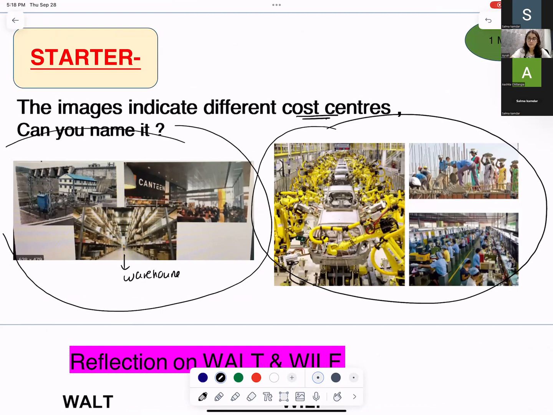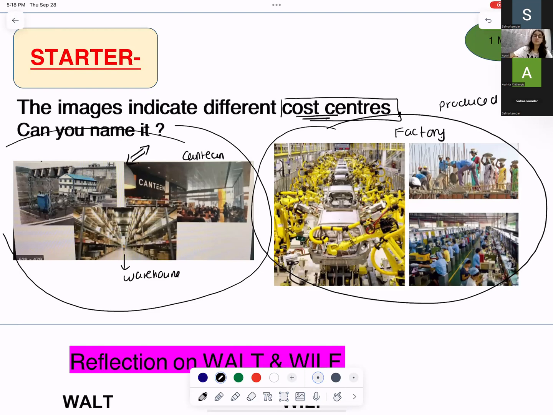And the second image is a factory where the goods are being made from raw material to finished goods. And what is this? It's a canteen. Okay, fine. So these images are telling you about cost centers.